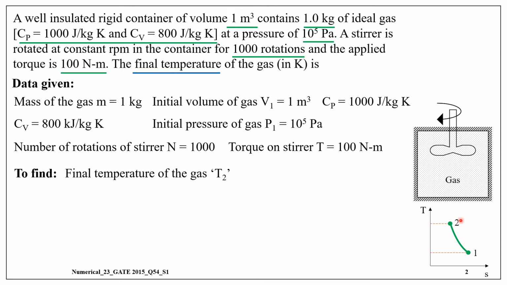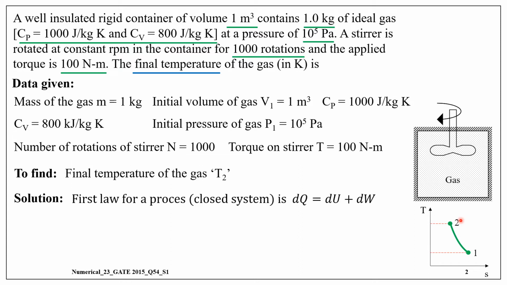Due to the rotation of the stirrer, the system has undergone a change of state. Therefore, for a closed system undergoing a change of state, first law of thermodynamics is dq equal to du plus dw.